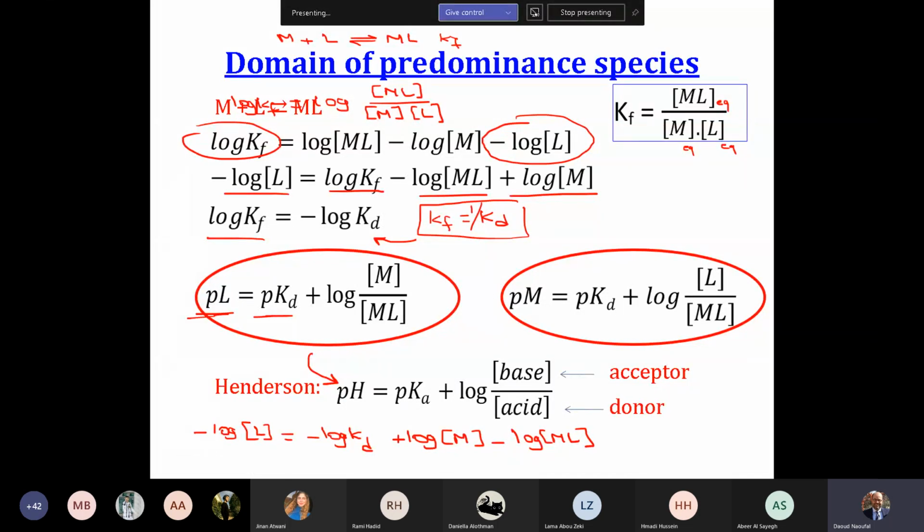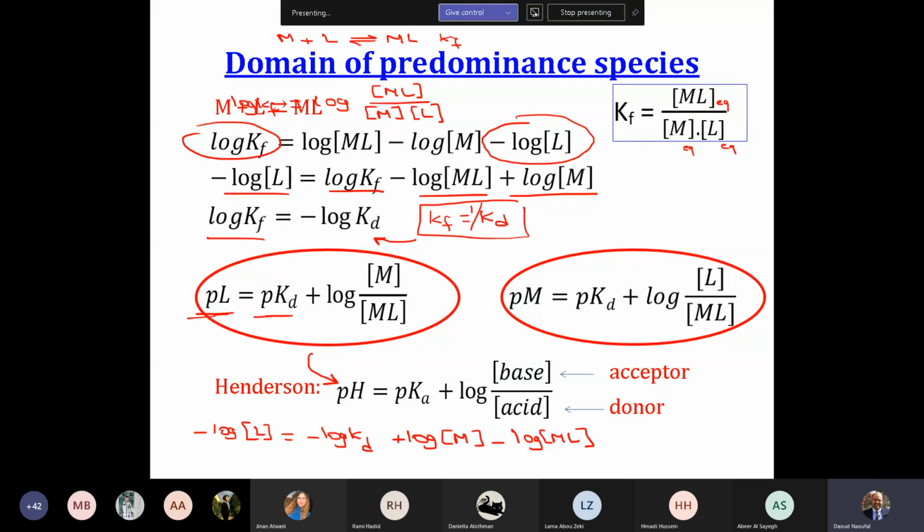In the acid-base, we have one formula, pH equals pKa plus log base over acid. In the complexation, we have two formulas, one for PL and another for PM: PL equals PKd plus log M divided by ML, or PM equals PKd plus log L divided by ML.